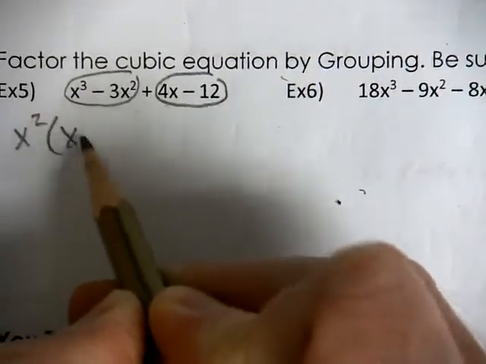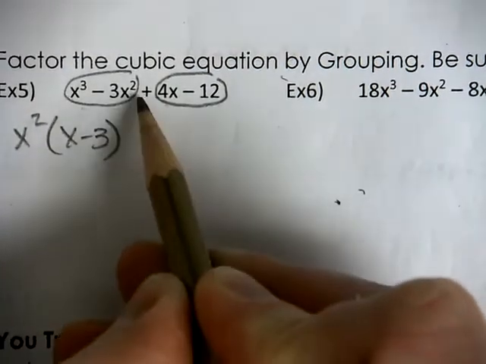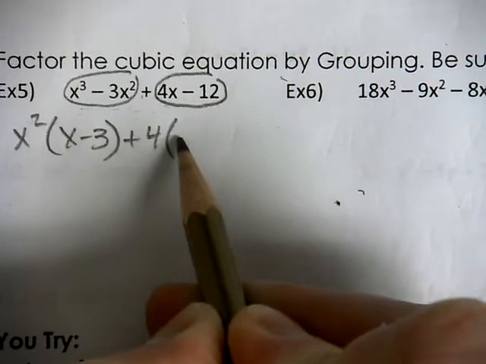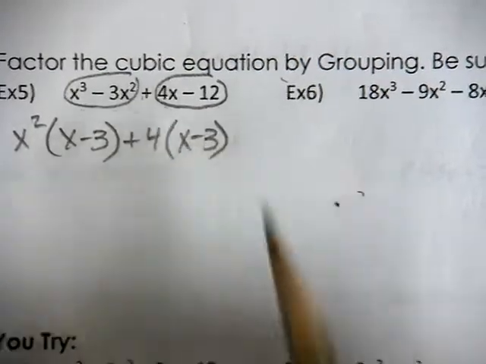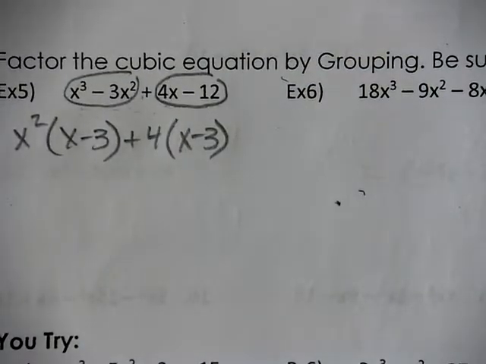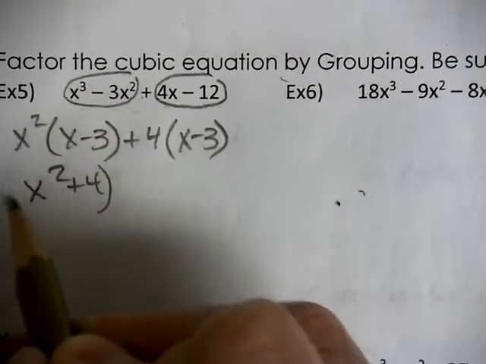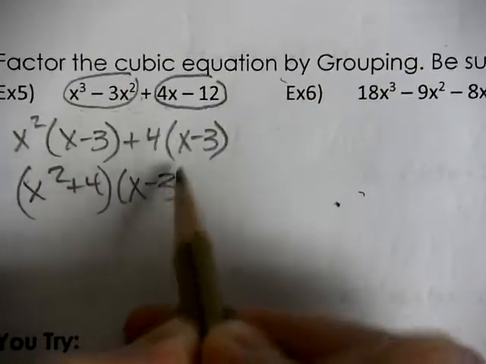And that leaves me with x minus 3. Bring down my plus. Factor out my 4. X minus 3. That leaves me with x squared plus 4 and x minus 3.